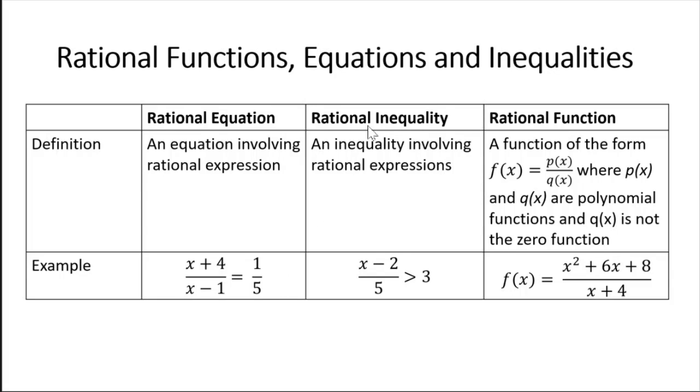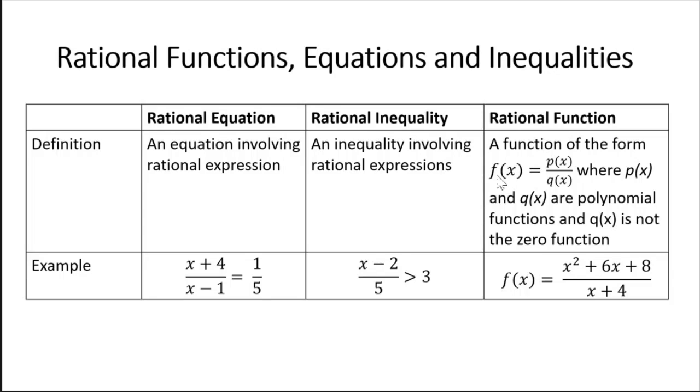Next, what is a rational inequality? A rational inequality is an inequality involving rational expressions. Example, x minus 2 over 5 is greater than 3. It is an inequality because of the symbol greater than or less than. Then rational function, which we discussed in the previous lesson.